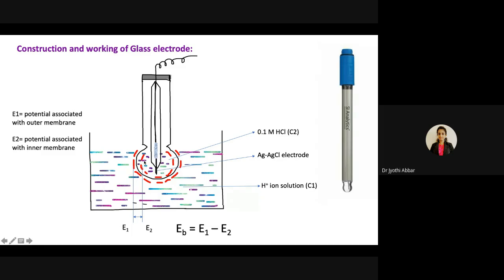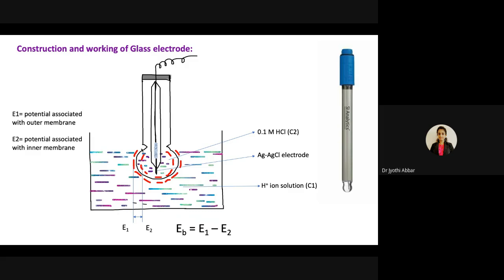When this glass membrane is in contact with the H plus solution inside as well as outside, but of different concentration, then there develops a potential at this boundary, which is called the boundary potential. Let me repeat.